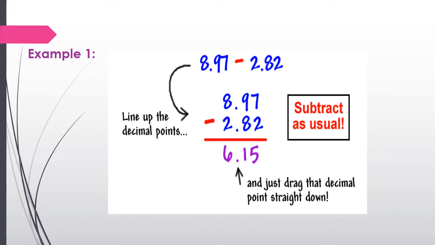Now start subtracting normally from the right side. 7 hundredths minus 2 hundredths equals 5 hundredths. 9 tenths minus 8 tenths equals 1 tenth. Now bring down the decimal point. Then 8 minus 2 equals 6. So the answer is 6 and 15 hundredths.